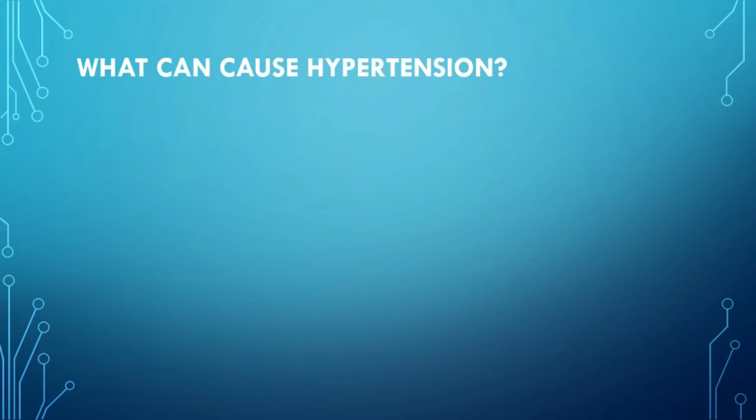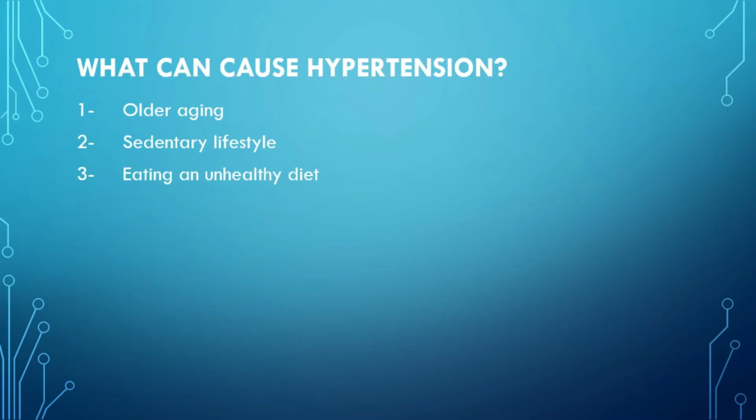What can cause hypertension? First, elderly aging. They will be having reduced the elasticity, plus maybe there is some occlusion in the blood vessels. Sedentary lifestyle, there is no exercise, eating unhealthy food, maybe the not moving, or many other reasons.